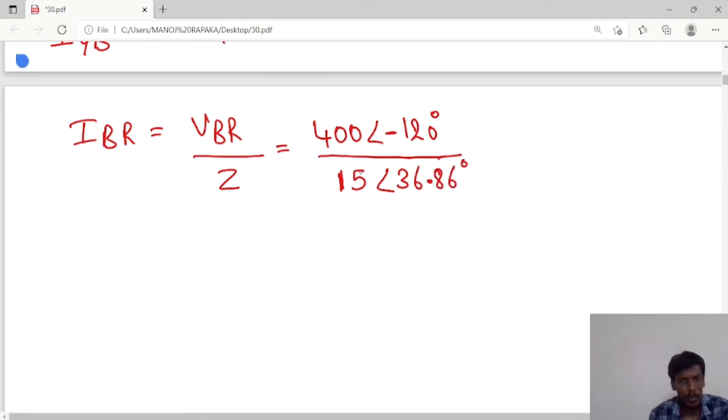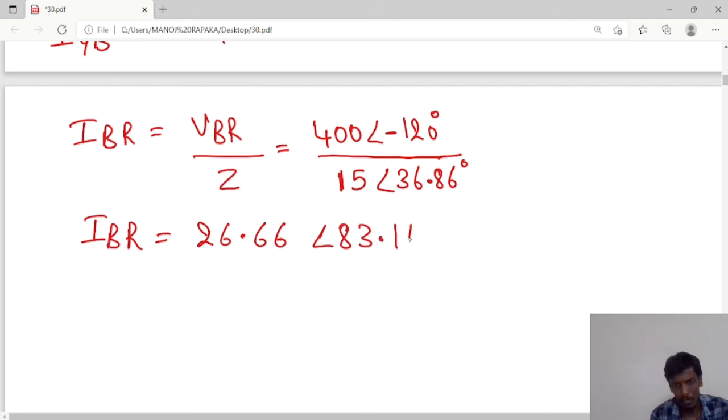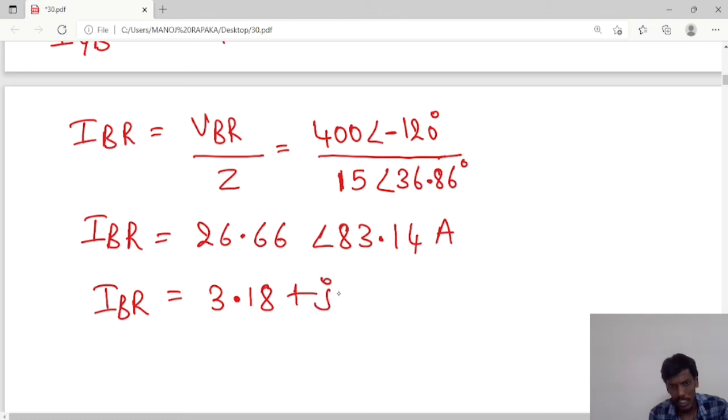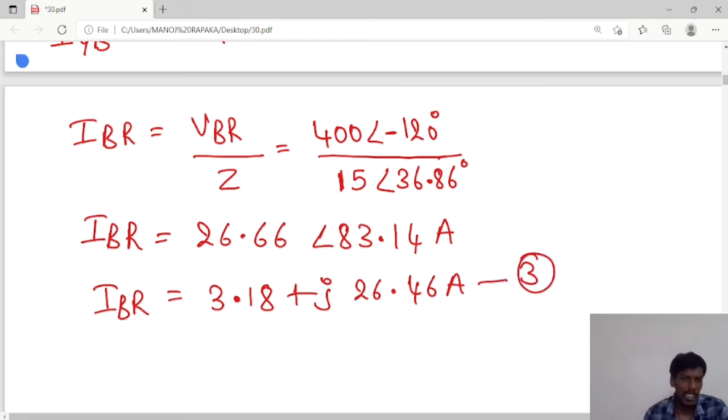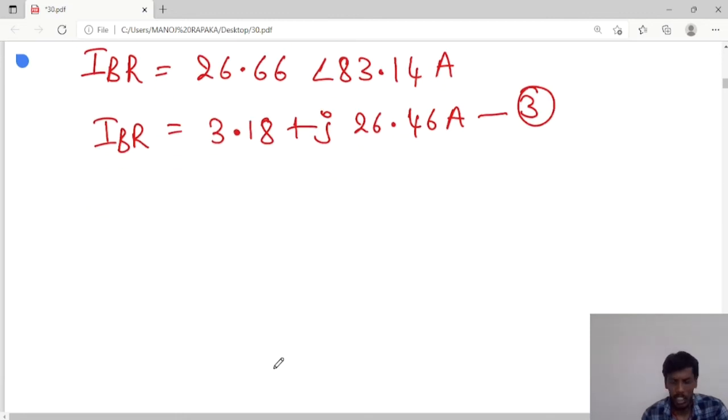So IBR equals 26.66 at an angle of 83.14 amperes in polar form. In rectangular form, IBR is 3.18 plus j26.46 amperes. So we have calculated all three phase currents.